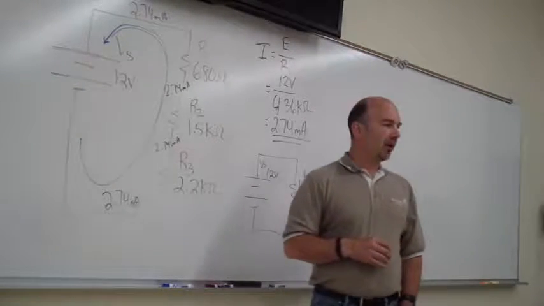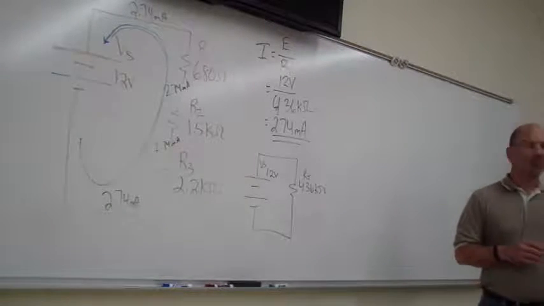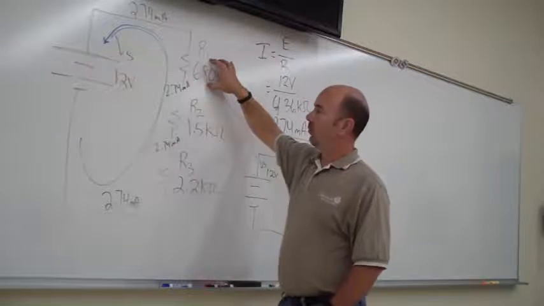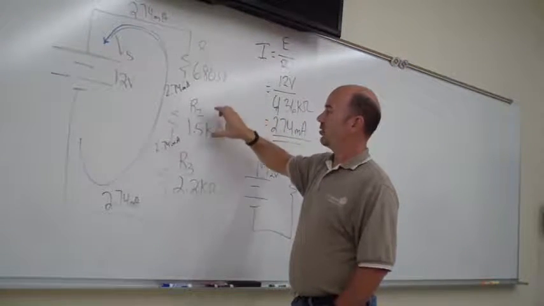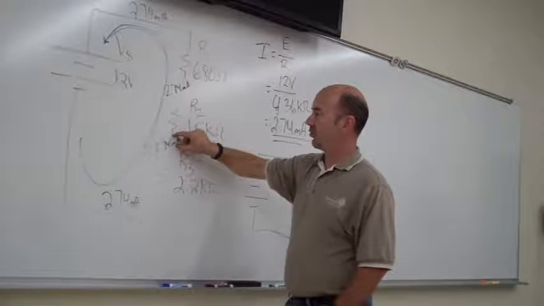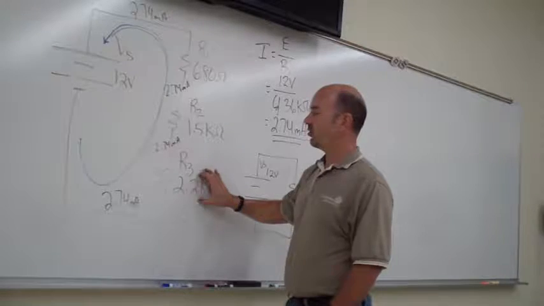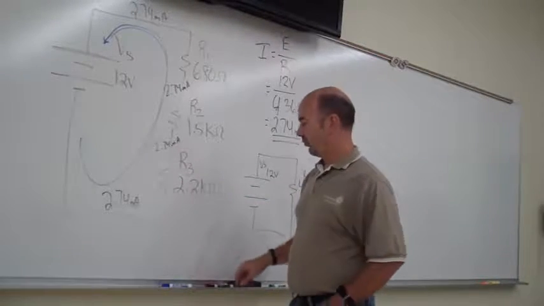To develop that voltage across each one of them, we would literally take the amount of resistance, multiply it by its current to find out the voltage across it. Take the resistance, multiply it by the current going through it, which is always the same, and figure out the voltage.